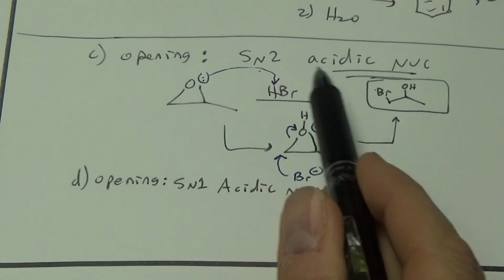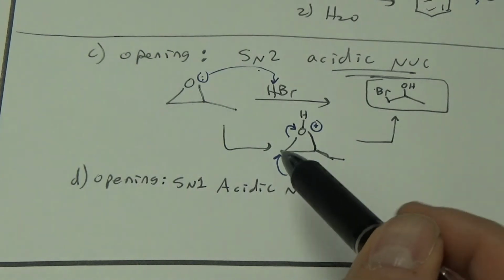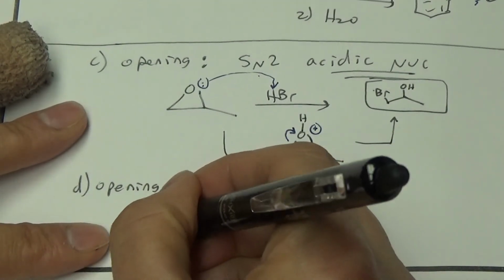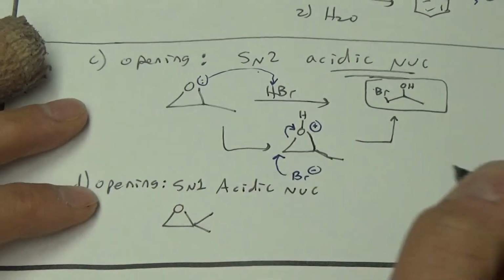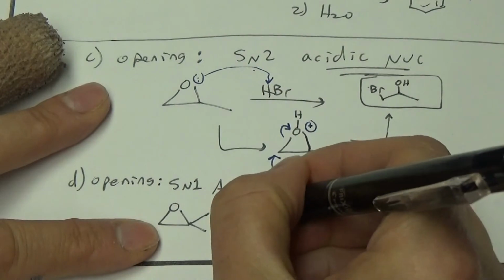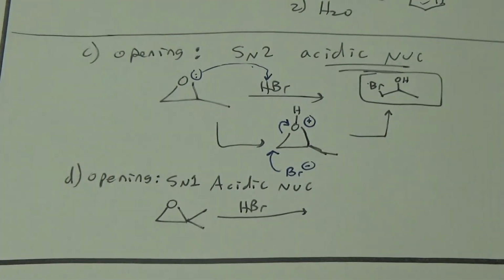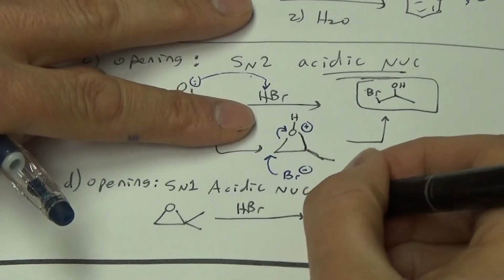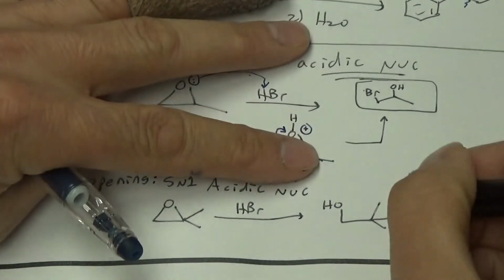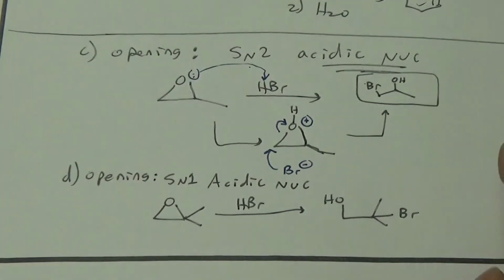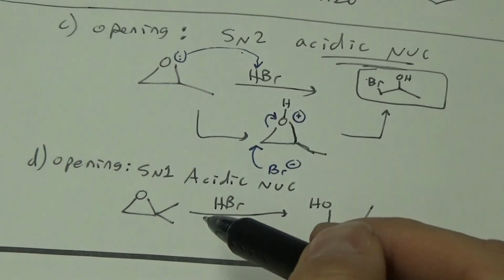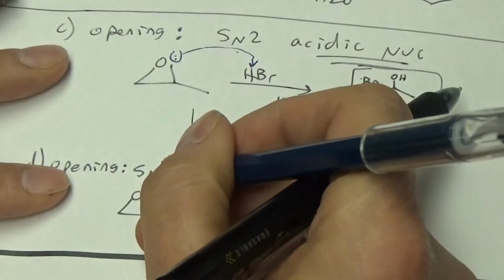We're going to do the same exact thing, but now if one of the sides is tertiary, then all it's going to do is reverse it, and it's going to be SN1. Okay, so the end product will be this. Okay, so not SN2 style, but SN1. It's really easy. Let's just do it real quick.